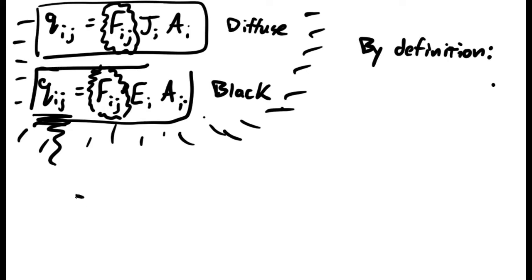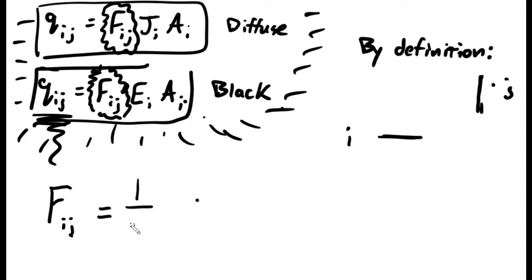So by definition, the view factor between two surfaces, again, we're going with I and J, which I'm going to draw here and here. This is I right here. This is J right here. The view factor between them is defined simply as 1 over the area of I times two integrals: one over the entire area AI and one over the entire area AJ.